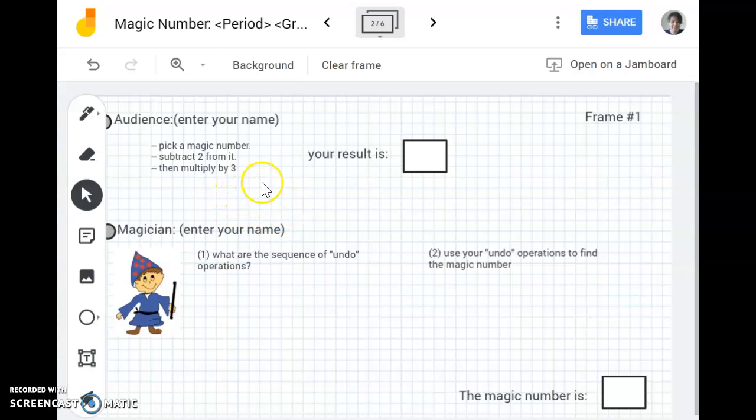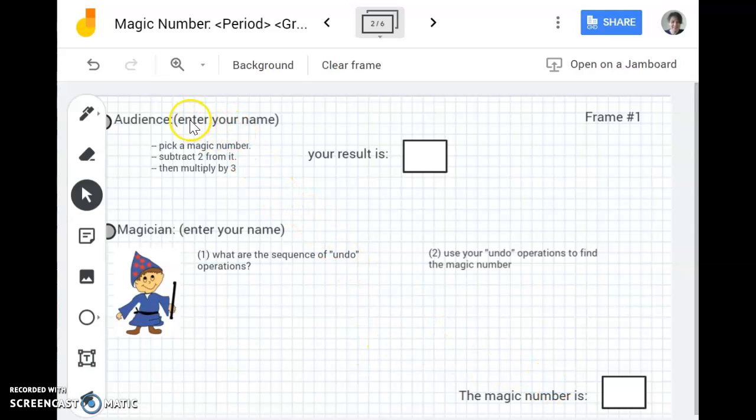So you're going to pick a frame that somebody else has created, and now you're going to play the role of magician. What are the sequence of undo operations? So if you look at this operation, that's what was done to it. What are the sequence of undo operations? I need you to write it down in words, and then you need to do it in math to find the magic number. And once you're done with that, you need to go back to the person.